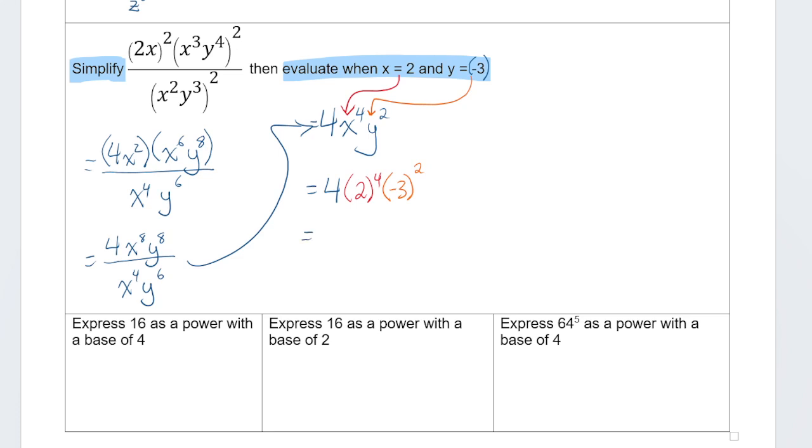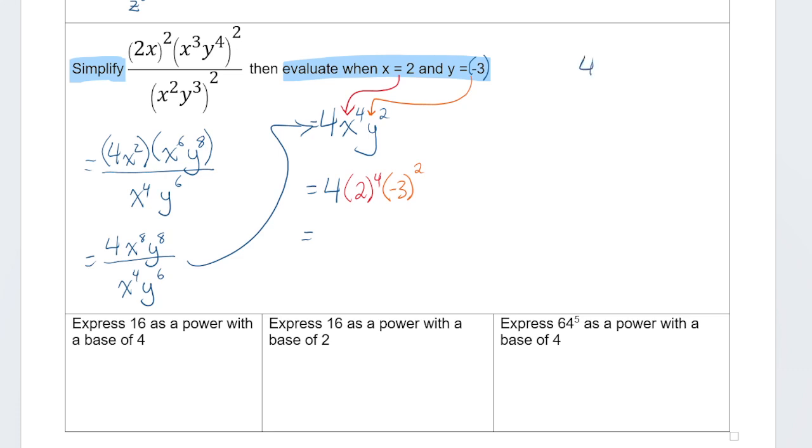We've got 16 times 9. My brain just straight cut out on that one. Let's do it the hard way over here.